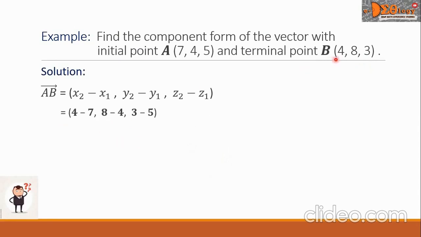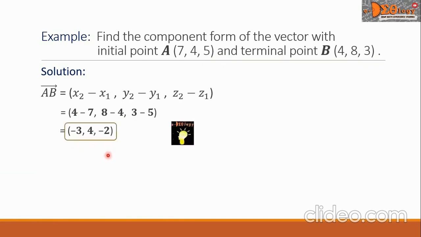So we have 4 minus 7, comma, then 8 minus 4, comma, 3 minus 5. When we simplify, we have now (-3, 4, -2). This is the final answer.